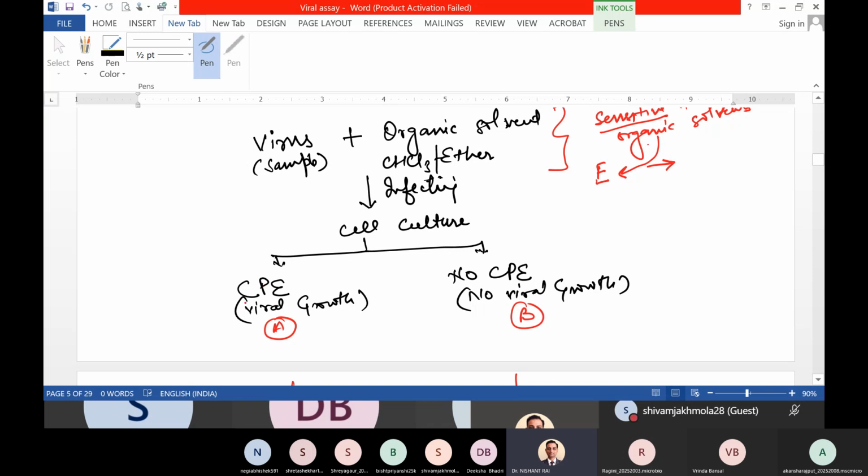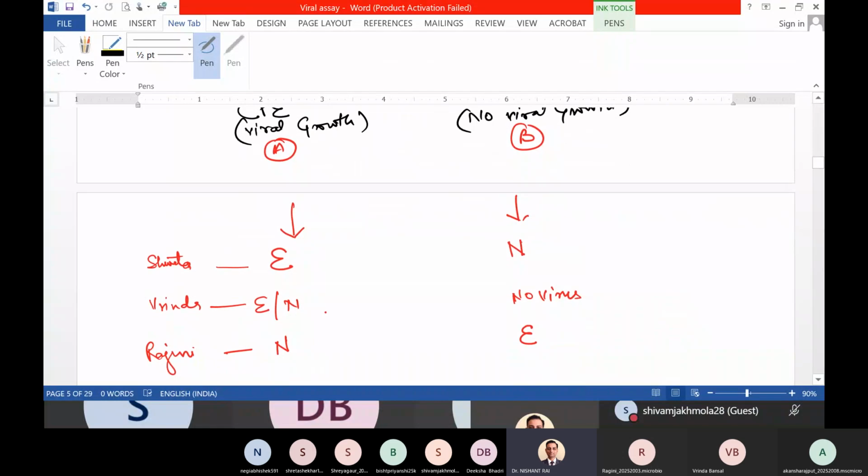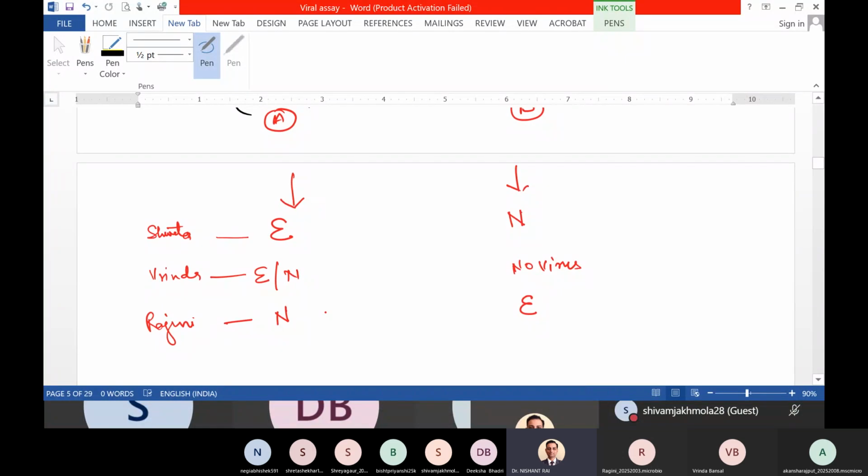Because it is not inhibited by organic solvent, it will show cytopathic effect. So the naked virus will show cytopathic effect.